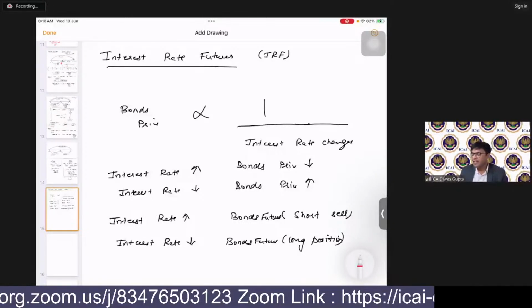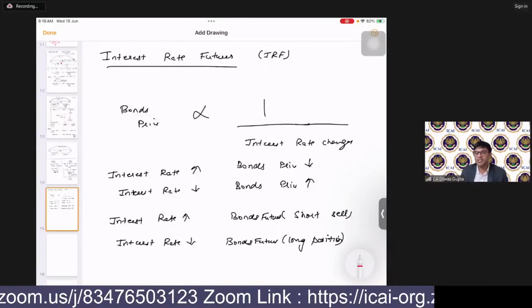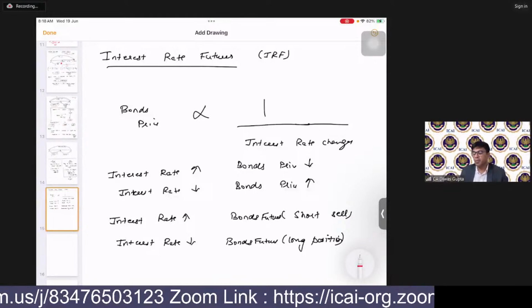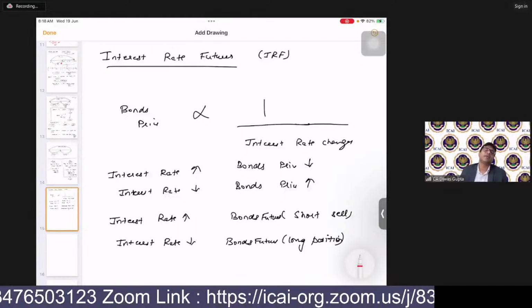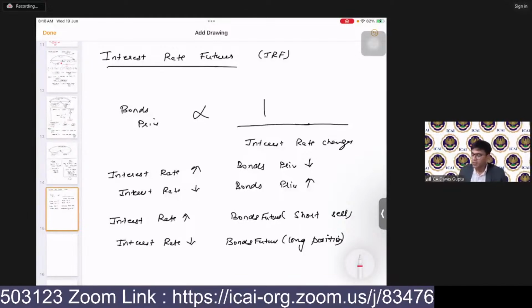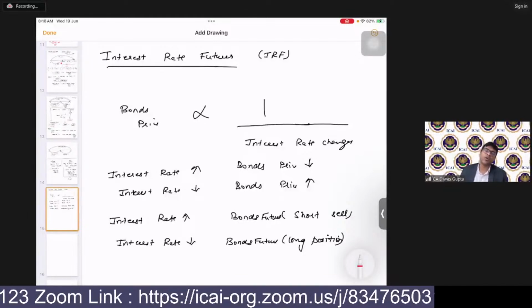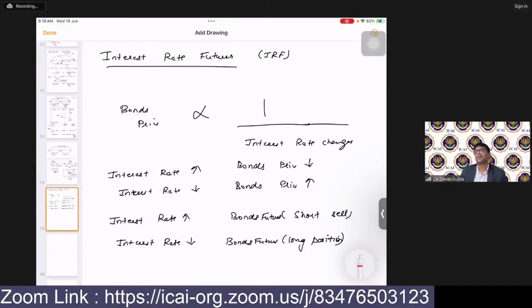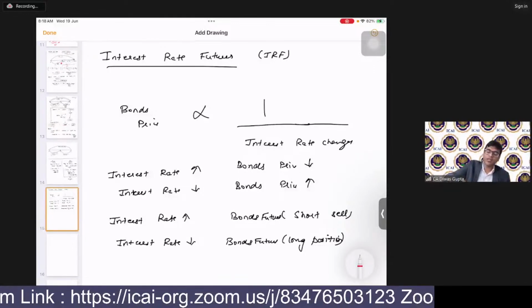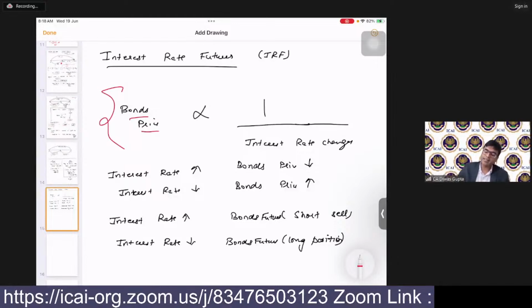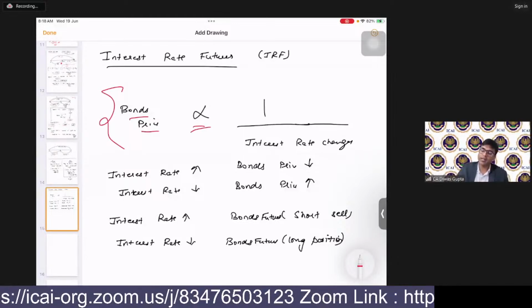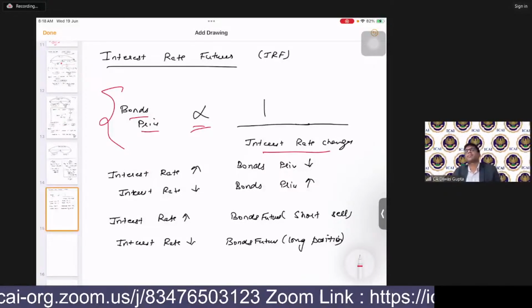Now for that 1 year, there will be changes in the interest rates. The moment interest rate changes right after 10 days, from 10% to 12%, the bond's value is going to decrease. And this is what we are showing through this equation. Bond's price is inversely proportional to the interest rate changes.